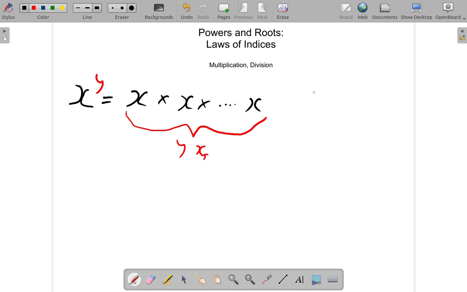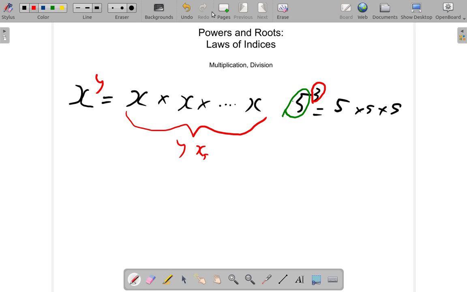In terms of looking at an example, if you say 5 to the power of 3, what it means, you have 5 times 5 times 5. You remember that? So there are 3 5s. The 5 is what you refer to as the base, the number that you keep multiplying, and the 3 is the index, how many of that number you have in the multiplication.